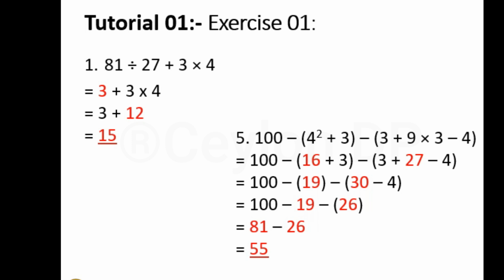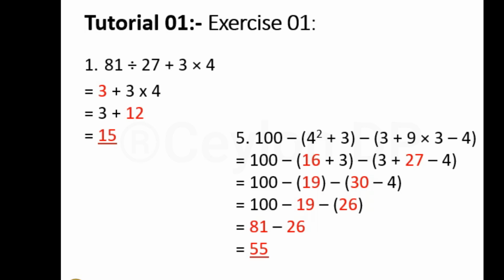9 multiplied by 3. Then in the next step, 100 minus 19. How did it come? 16 plus 3. And the bracket is there. You cannot remove the bracket, and minus inside the bracket 3 plus 27. It's 30. And minus 4. Close the bracket.